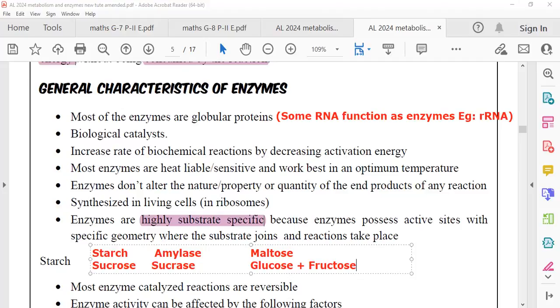No. Opposite also not possible. If you put sucrase to starch, will starch converting to maltose speed up? No, it will not speed up. Okay, are you clear?